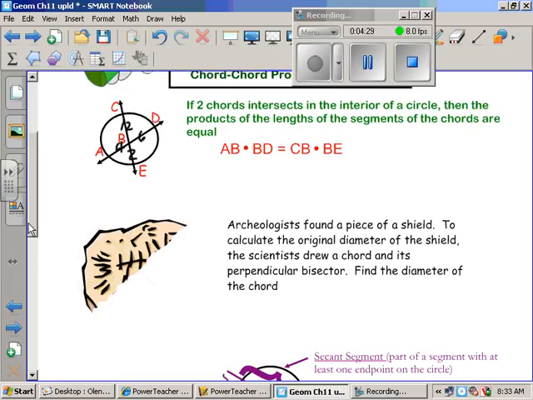All right. So what they did was they had this piece of a shield, but they didn't know exactly how big it was. So they drew a circle around it, okay? And they said, okay, this is the widest point, okay?